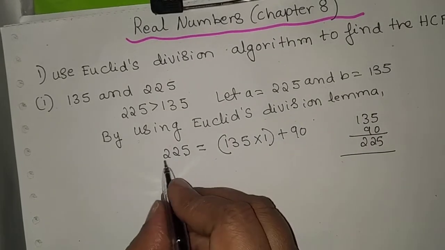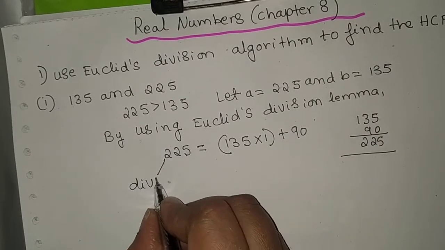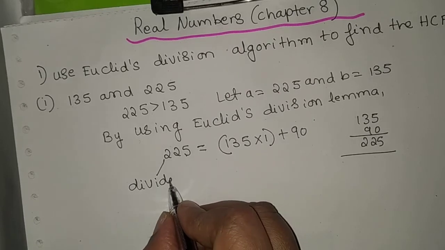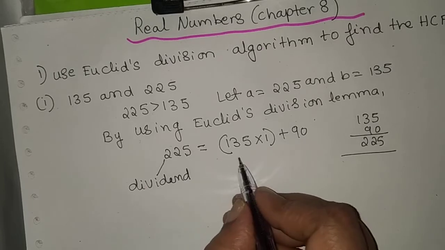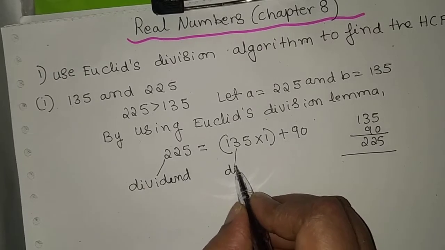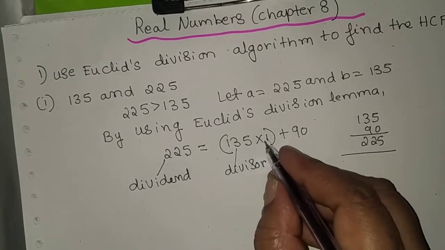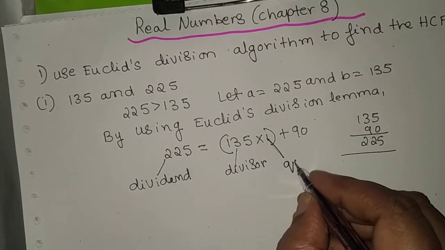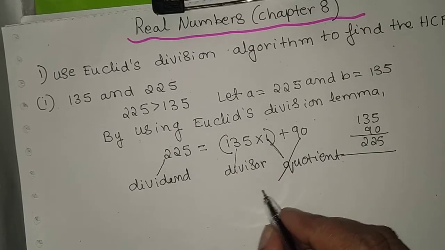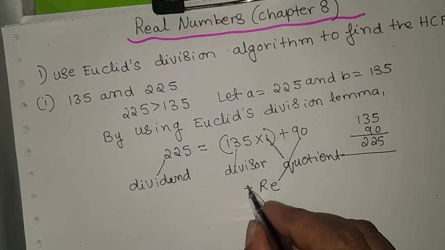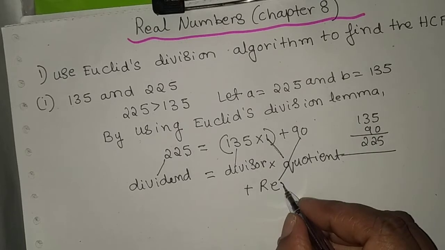So this one is called dividend, and this one is called divisor, into this one is quotient, and this one is called remainder.